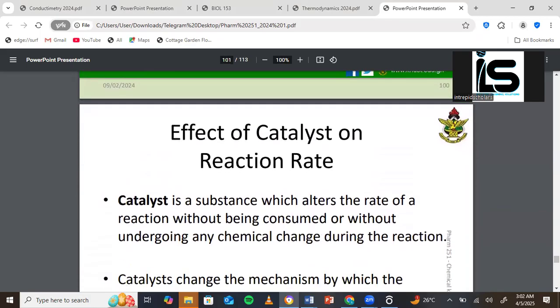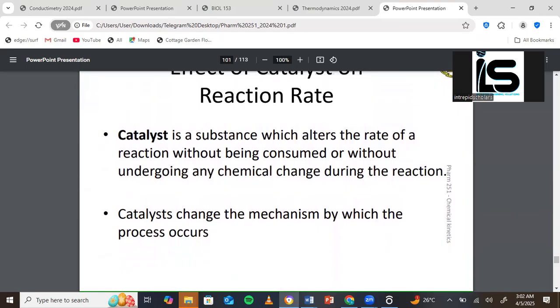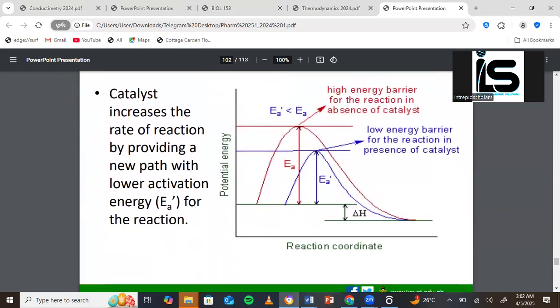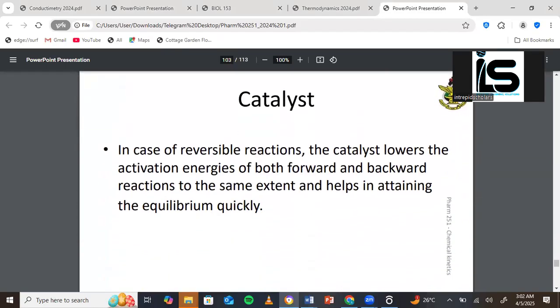Now, let's introduce ourselves to the effects of a catalyst on a reaction. Generally, catalysts increase the rate of reaction by changing the mechanism of the reaction. If you look at this diagram, this is the normal process of the reaction, and the activation energy is quite high. When the catalyst is introduced, it gives us a different path with a lower activation energy, and hence increases the number of molecules that can overcome that activation energy and form products.